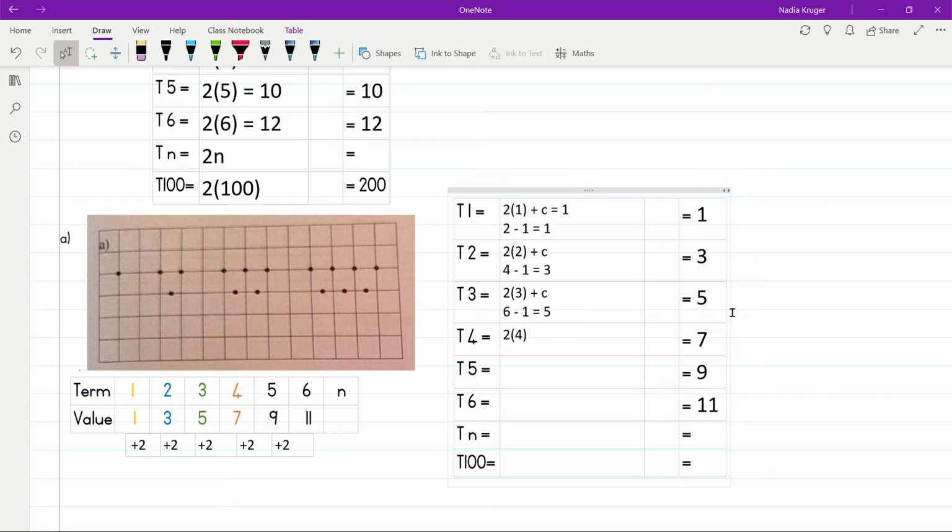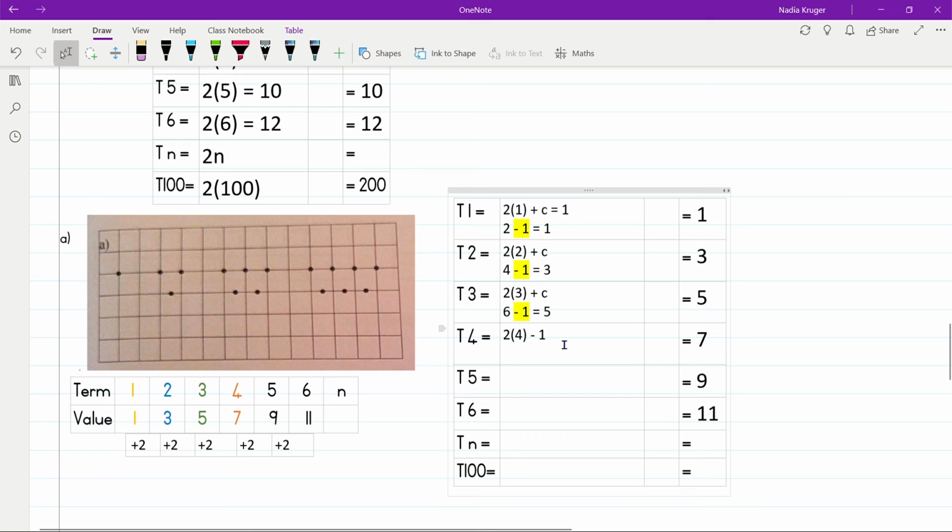2 times 4 plus, now if we use our common logic here, we can see that in each case so far, we have subtracted a 1. Let's apply that and subtract 1 there as well, and see if we get to the same answer that we need.